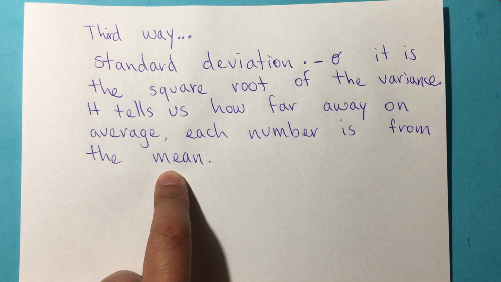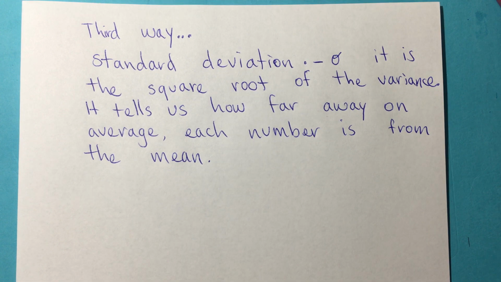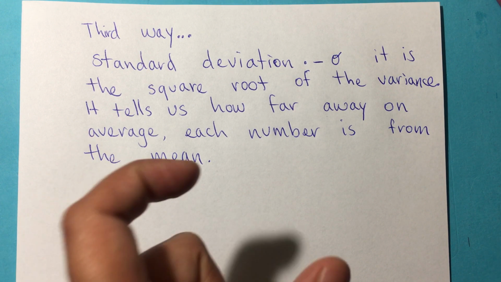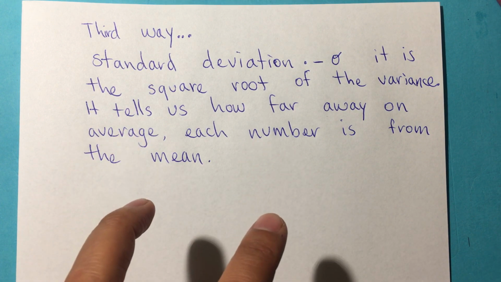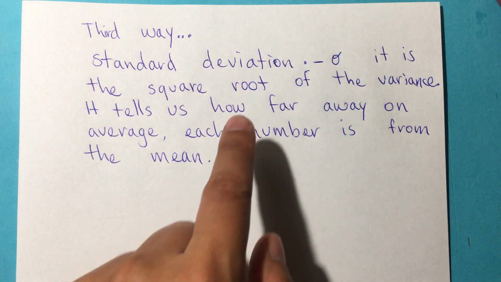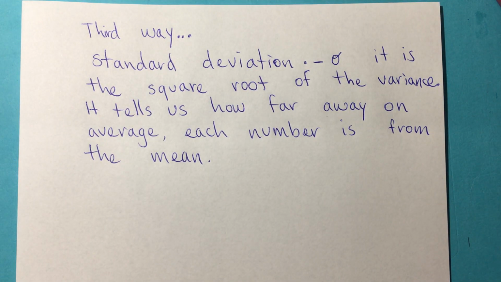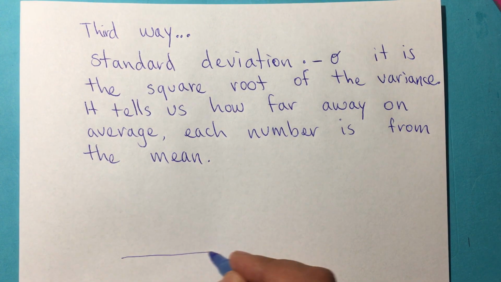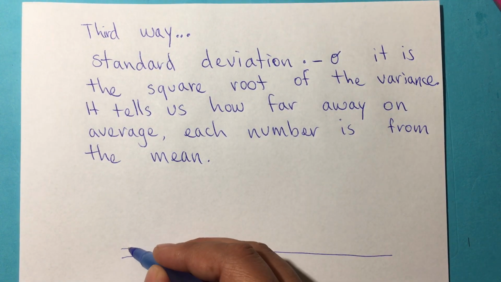Okay, and it also helps us in that if the data set is spread evenly, in a normal set, then certain percentages fall within 1 standard deviation or 2 standard deviations.